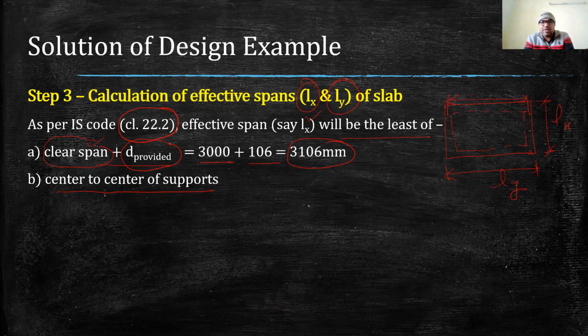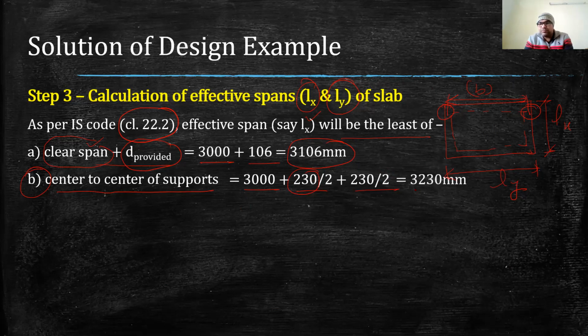As per the second parameter, center to center of support means inner dimension plus half of the support from this end, half of the support from this end. So putting the value, 3000 plus 230 by 2, 230 by 2. 230 is the wall thickness, which is already provided in the question, so you can refer to that if it is not clear to you. Adding all the values, we get 3230.